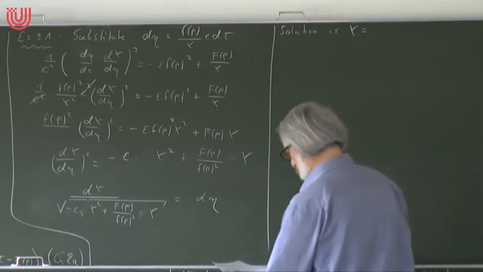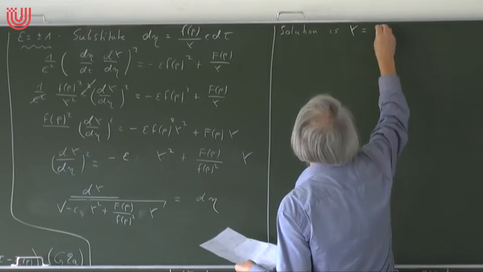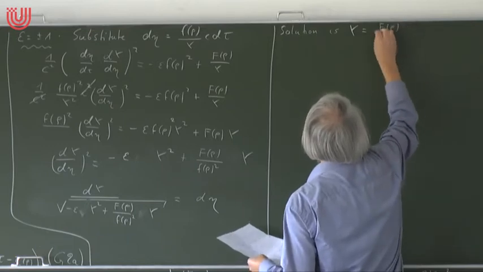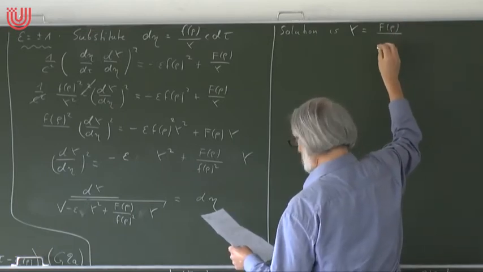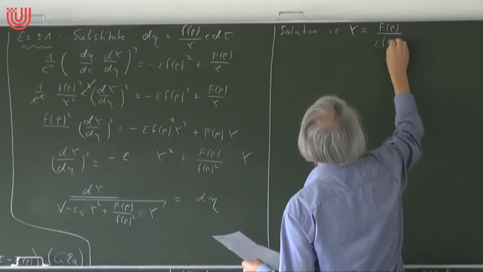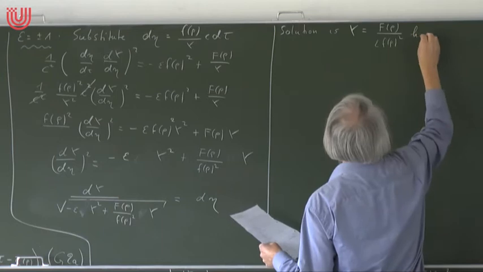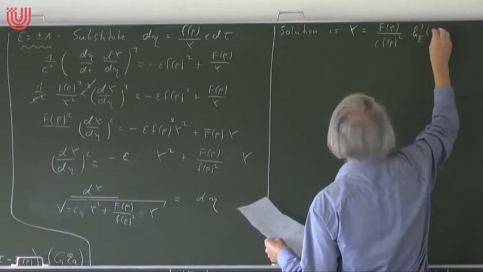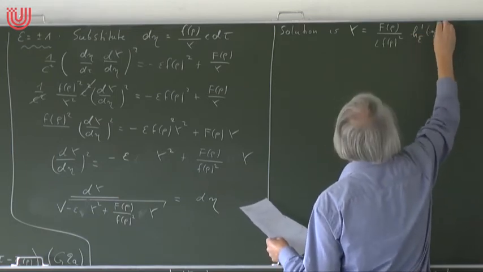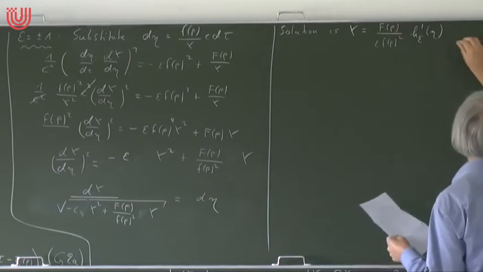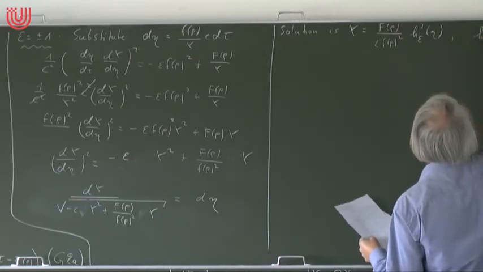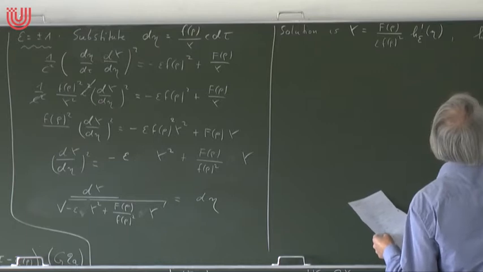Okay, now the solution is what? The solution is f of rho divided by 2f of rho squared, little f of rho squared, and then the derivative of a function h epsilon of eta, which is defined in the following way.